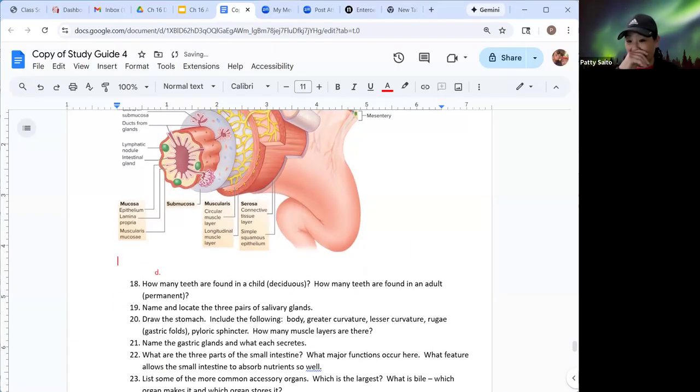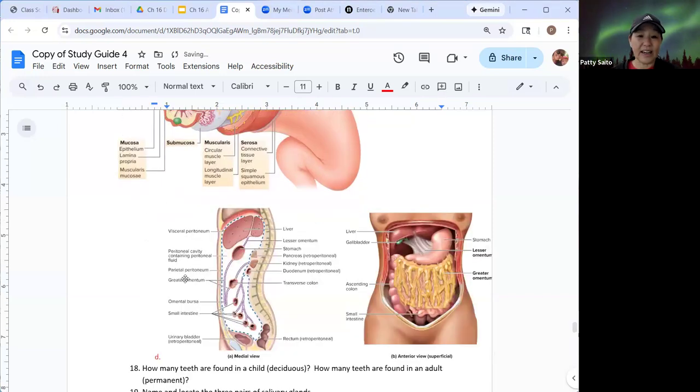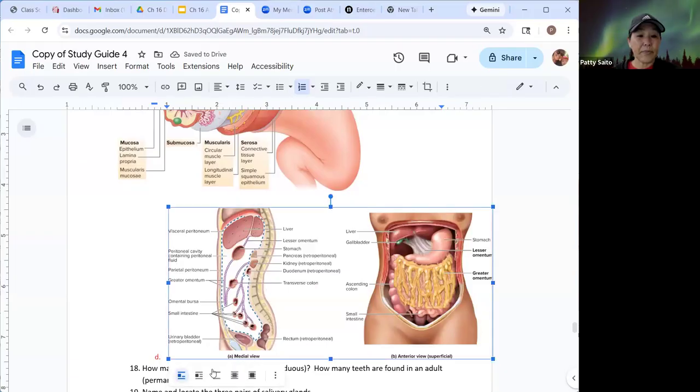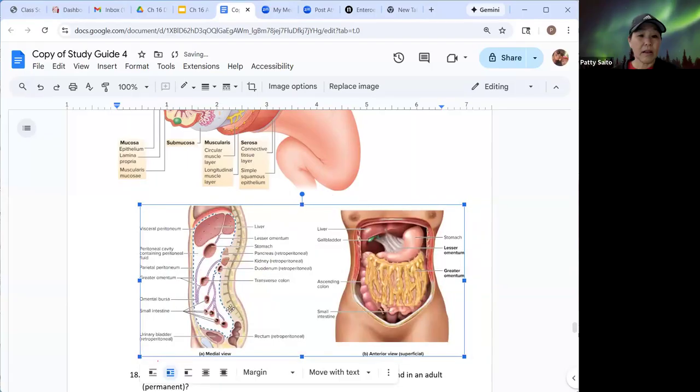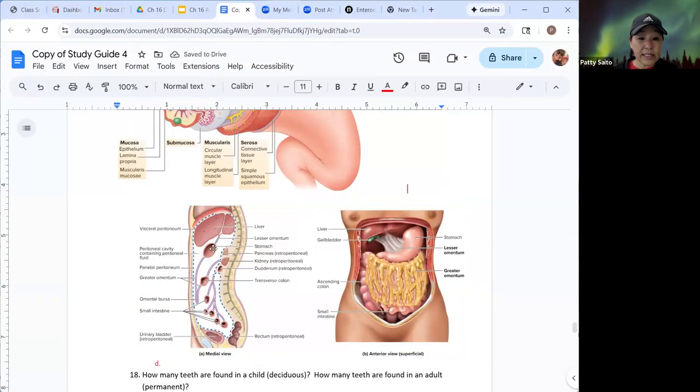Now let's take a look. I have one more picture, kind of showing you the organization here. Okay, this is like a side view. Like someone taking a sagittal section and then looking into that side.